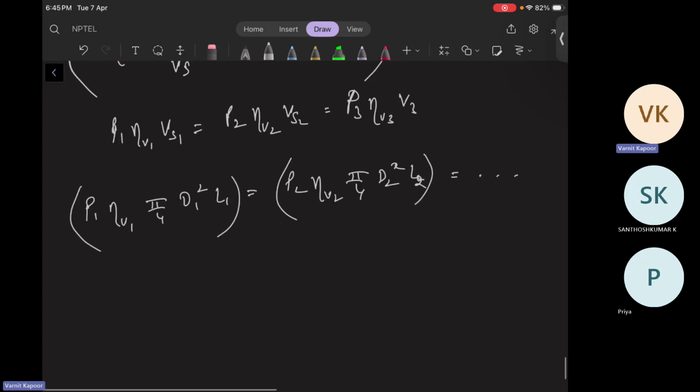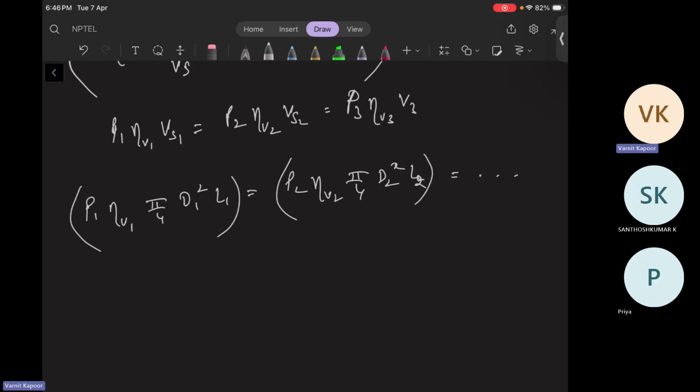Okay. Now your pi by 4 can get cancelled out. Let us say the length of each cylinder is the same, and the volumetric efficiency for all the compressors is the same as well.